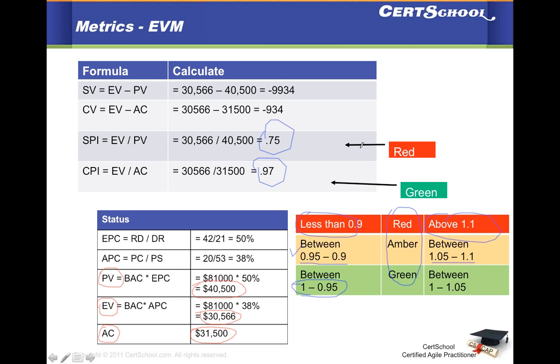Okay, so as a Scrum Master, you have to spring into action and do something about the schedule performance. Either you may want to readjust the schedule or find out why the schedule is slipping. Maybe do re-estimates of some of the stories.